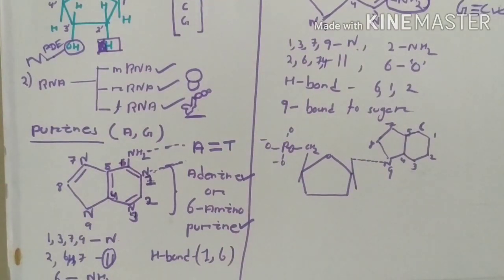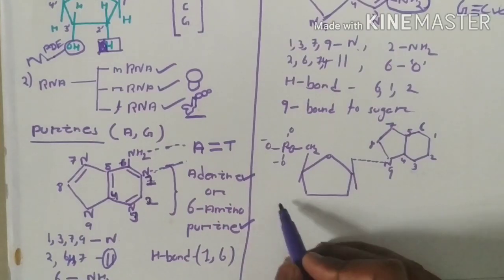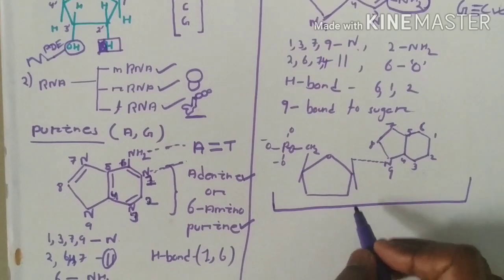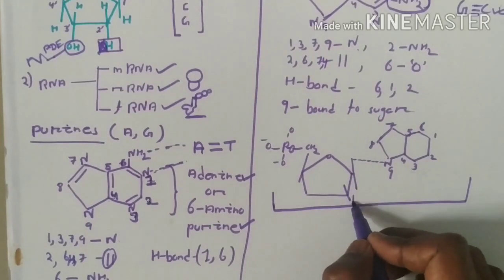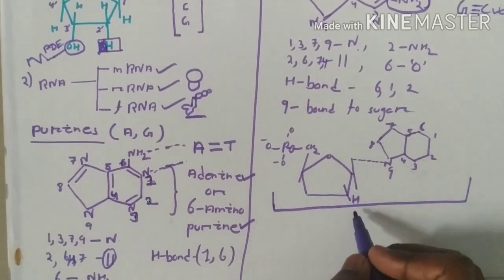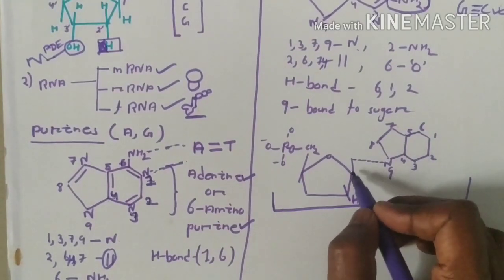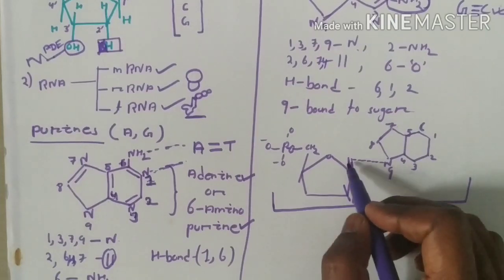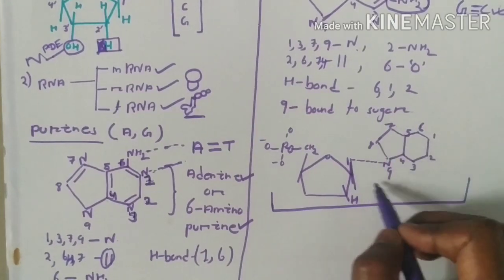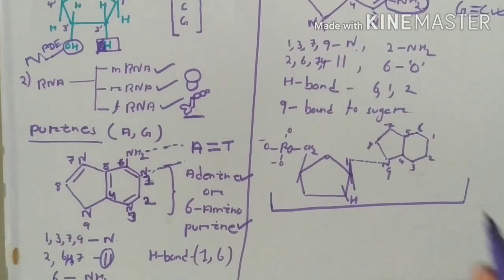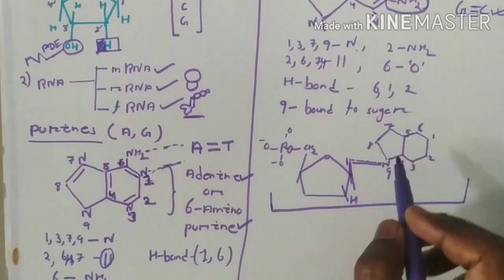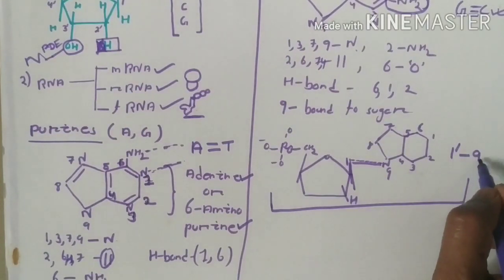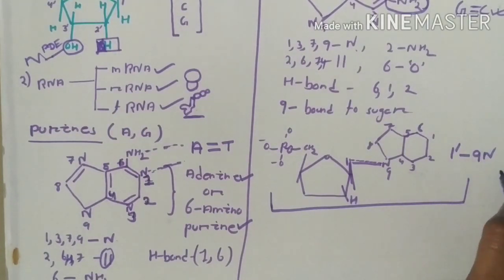Okay, this is a typical structure of deoxynucleotide, and there will be only H, not OH. The OH is absent here. So in the first carbon, first position 1 prime, the nitrogen base is present, and this bond is formed between 1 prime and 9 nitrogen position.